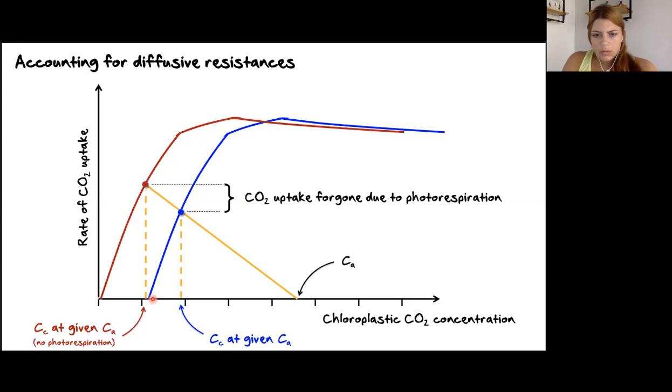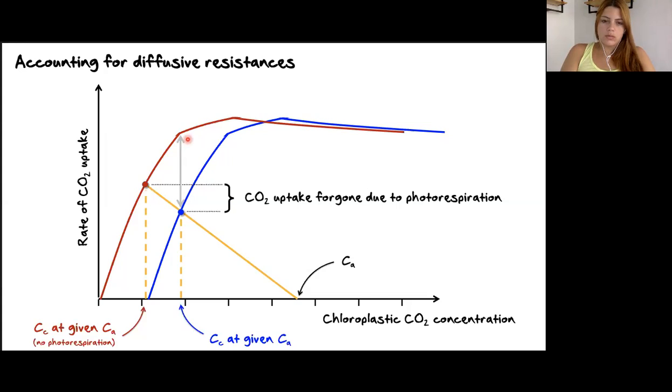So really, when we take away photorespiration, we increase CO2 uptake by that much, or vice versa. If we have photorespiration present, the plant forgoes about that much CO2 assimilation, rather than this much here, which is assuming that the CO2 concentration in the chloroplast stays constant. Or in other words, where we would ignore diffusion limitation.